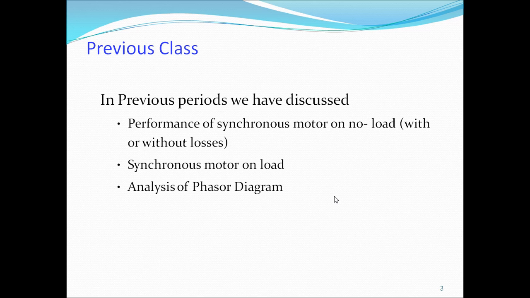Similarly, if you apply more load, again alpha increases. But up to what extent will it bear the load? When the alpha angle is up to 90 degrees, it will bear the load.